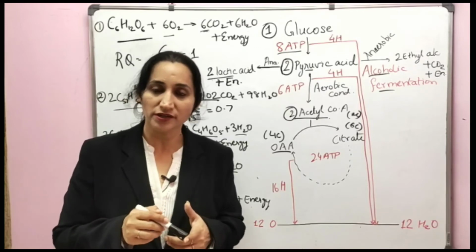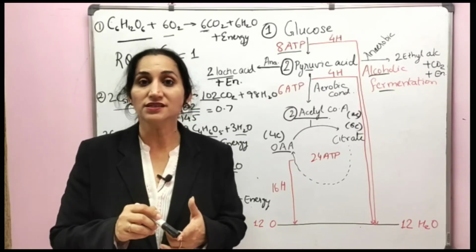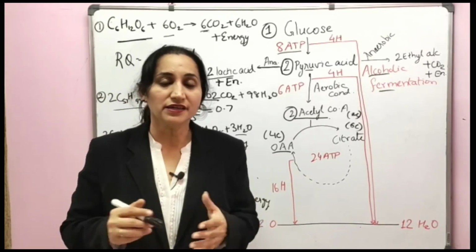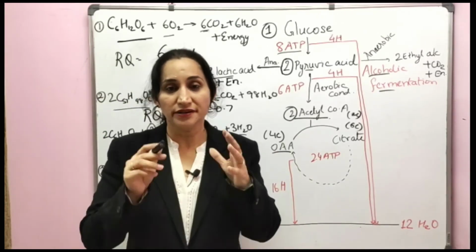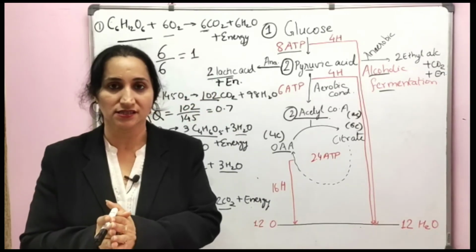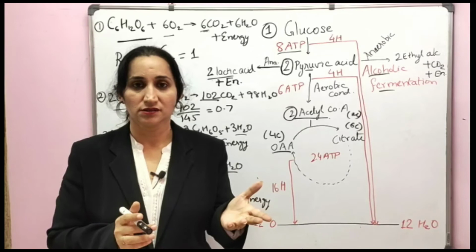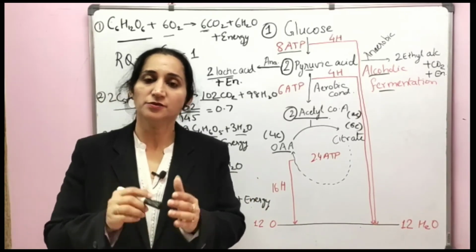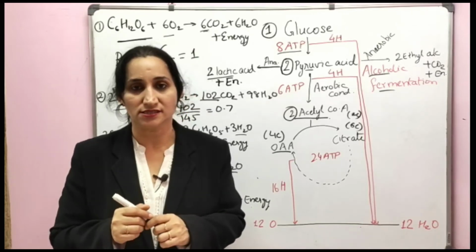But in case of anaerobic respiration, there is incomplete oxidation of carbohydrate. In any case, all living organisms retain the enzymatic machinery to partially oxidize glucose. This partial oxidation of glucose is done in the process known as glycolysis.